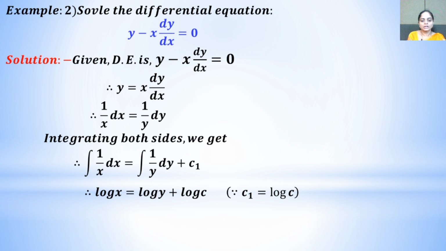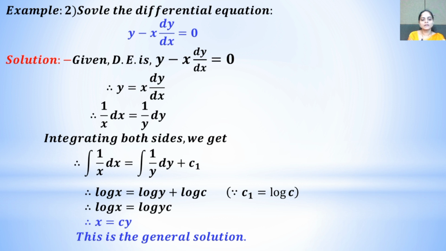We know that log m plus log n is equal to log m into n, so we use this rule on the RHS. Therefore, log x is equal to log of yc. We know that if log m is equal to log n, then m equals n. We use this rule in this step, and we get x equal to cy. This is the general solution of the given differential equation.